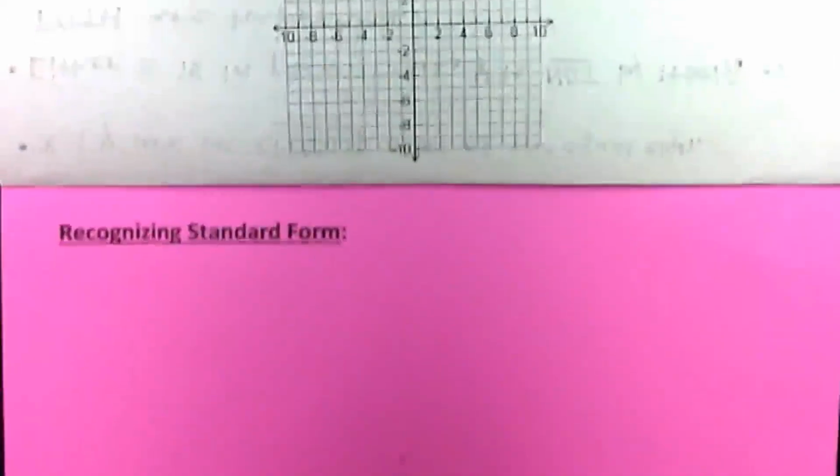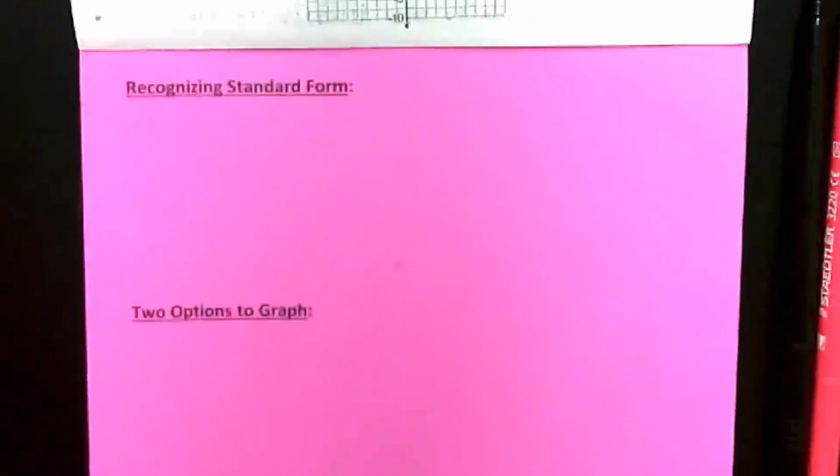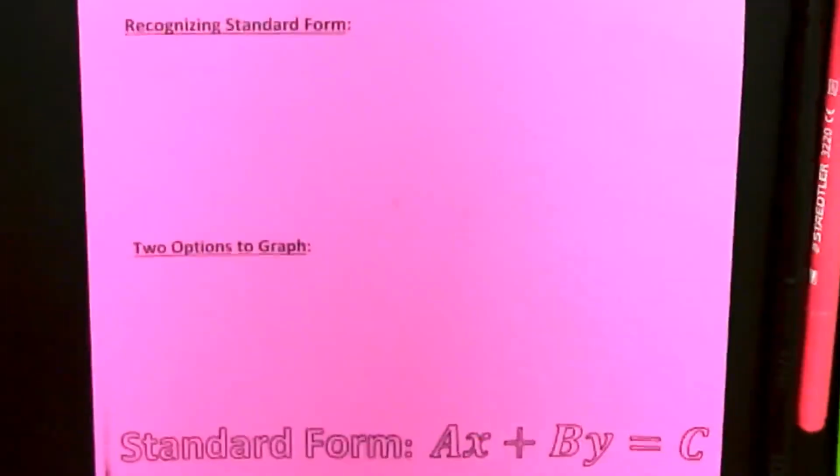We're going to start a little differently, so make sure that you're paying attention to this part. This is the only one that we're going to start a little differently. So recognizing standard form. All right.